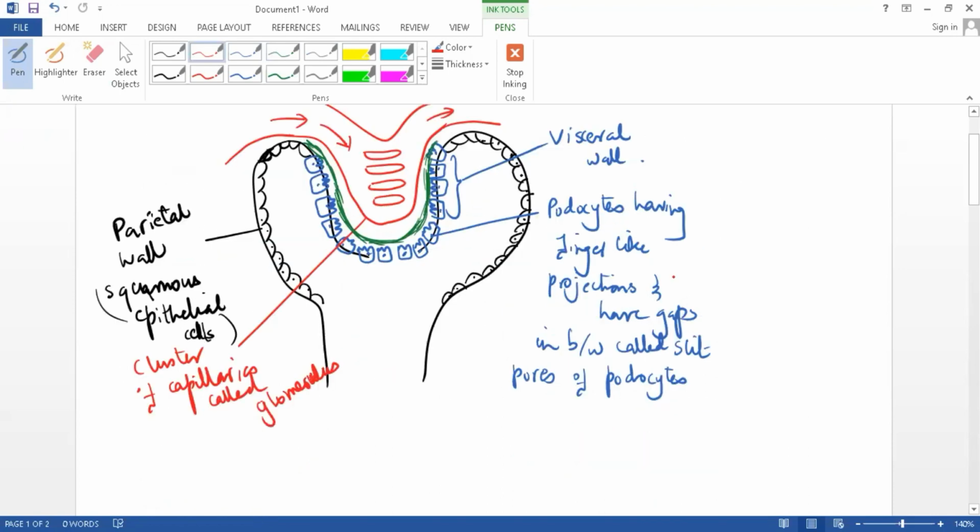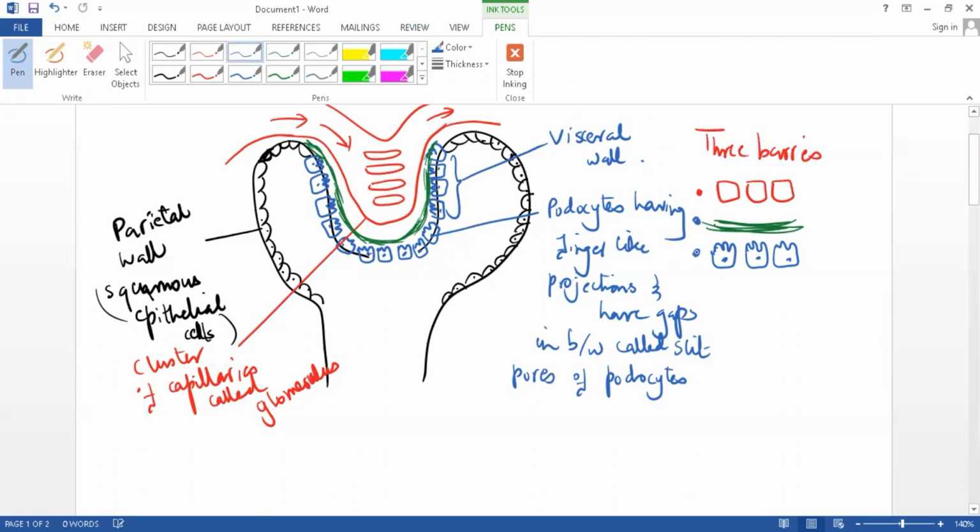The three barriers here are endothelial cells of the capillary, which also have gaps in between, basement membrane made up of glycoproteins and collagen, and the podocytes with finger-like projections and slit pores.